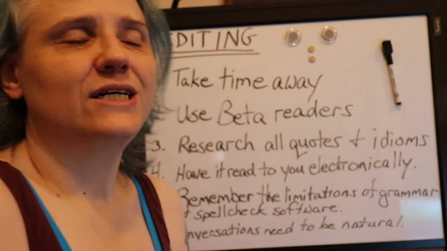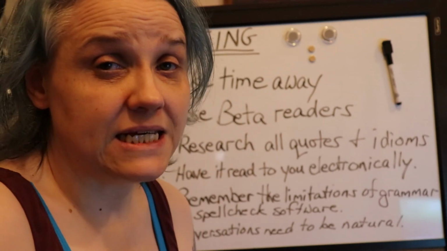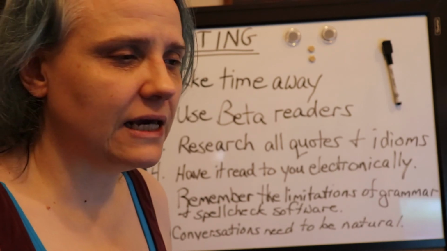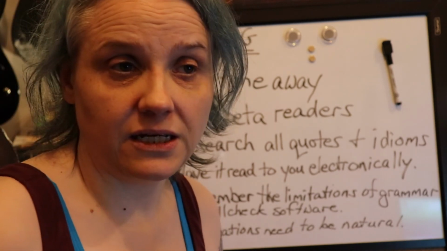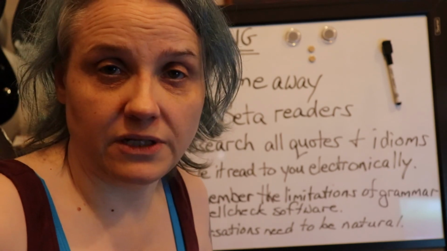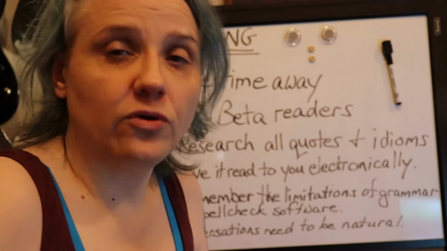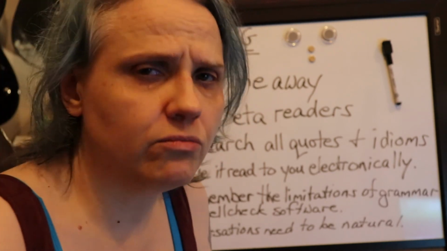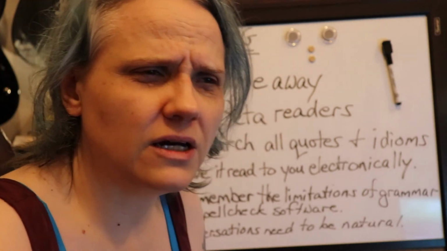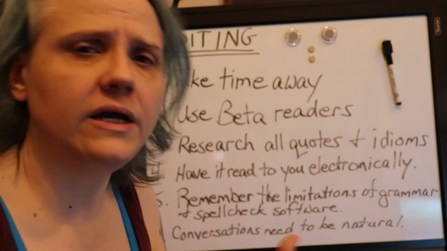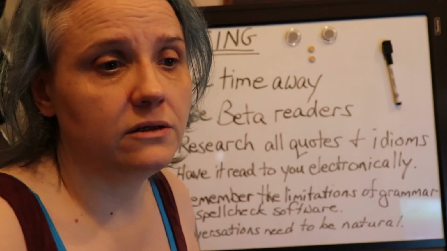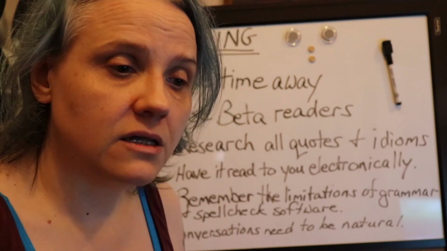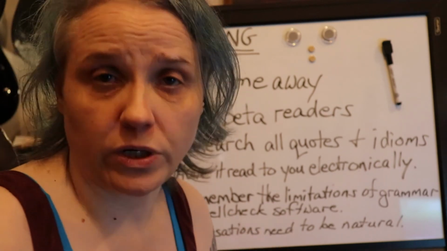Number 6, conversations have to be natural. Okay. You have to be able to speak them aloud in a way that sounds believable. Like if you were that person talking to that other person, would you really sound that way? And why and why not? What do you have to change in the sentence structure to make it that person's voice?